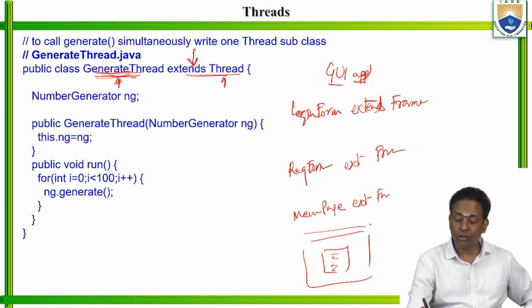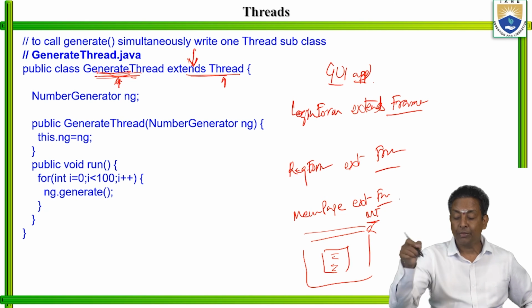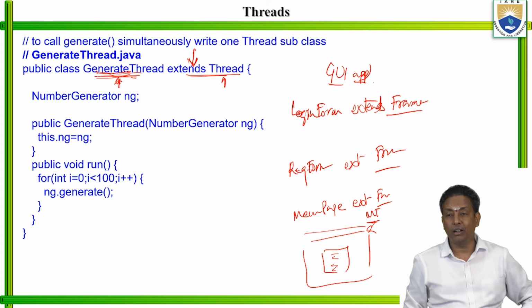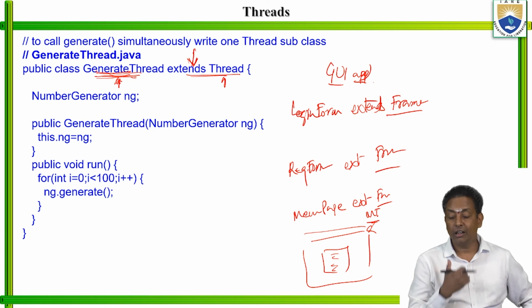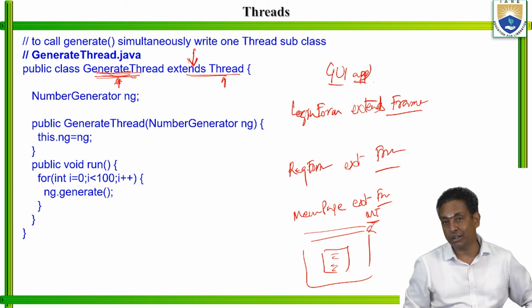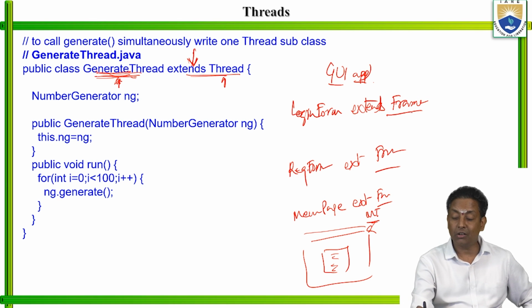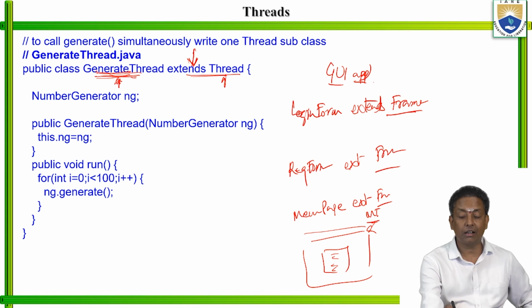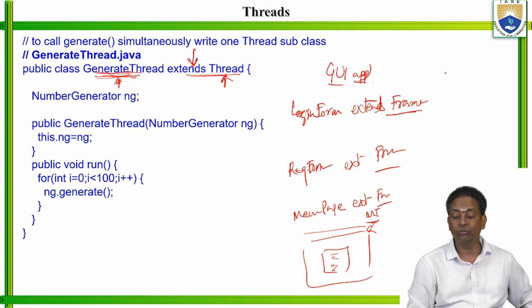In that, we also want to incorporate some multithreading logic. The application is already a user interface application, which has already extended from the Frame class, and here we want to implement a thread. So do you choose extending from the Thread class, or implementing the Runnable interface? Because the class already extended from Frame, it cannot extend from Thread anymore.